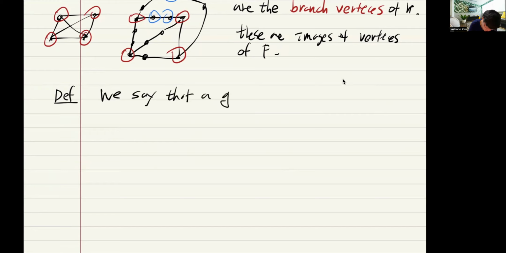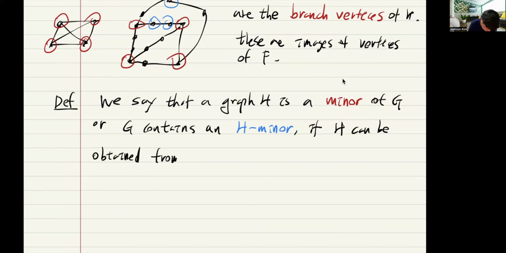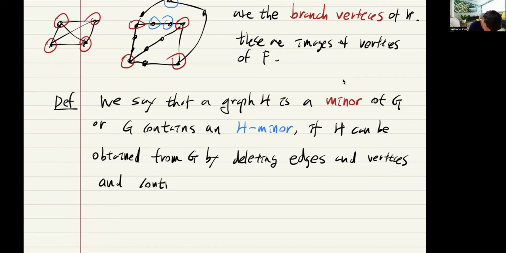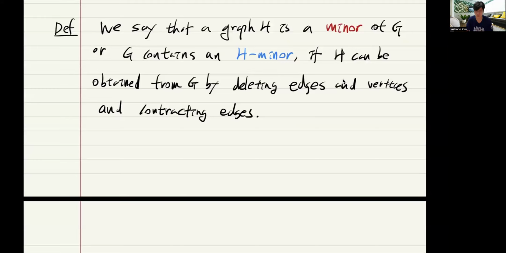And we say that graph H is a minor of G, or G contains an H minor, if H can be obtained from G by deleting vertices and edges and contracting edges.